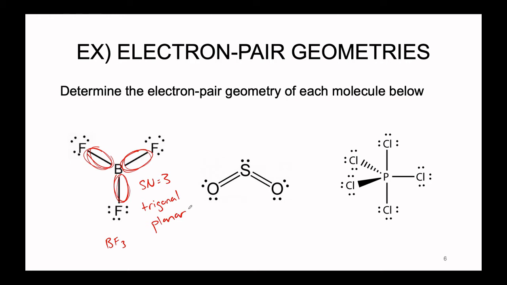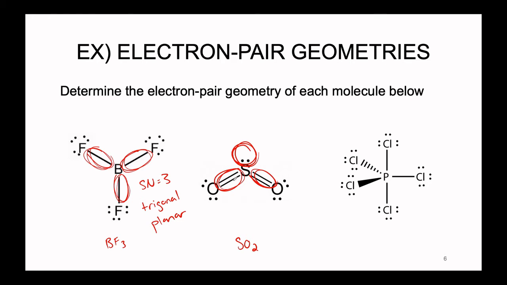All right, let's turn our attention to SO2. We can see that this central sulfur, yes, has expanded its octet. However, we are going to be looking for where the electron groups are. Where are the electron groups surrounding this central sulfur? Well, we can see that there is a lone pair up on top. There is a double bond down to the left and a double bond down to the right.